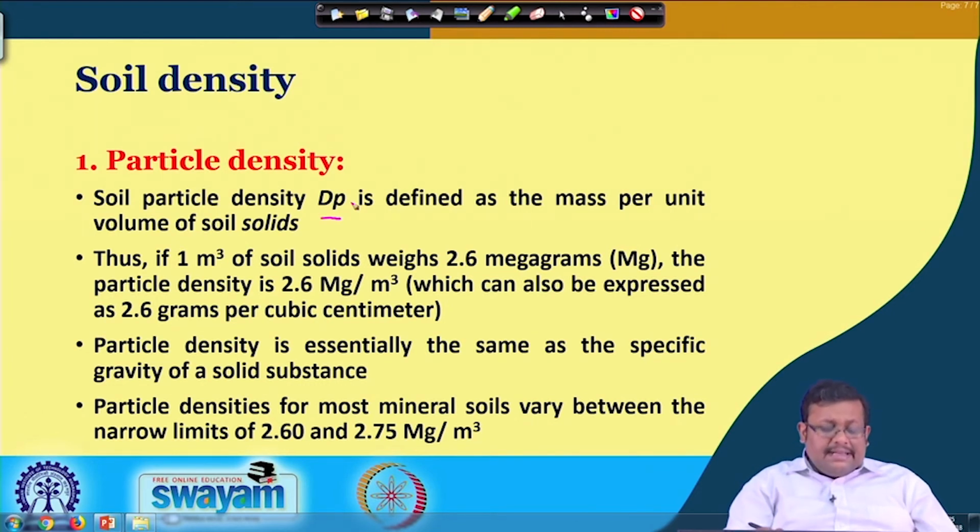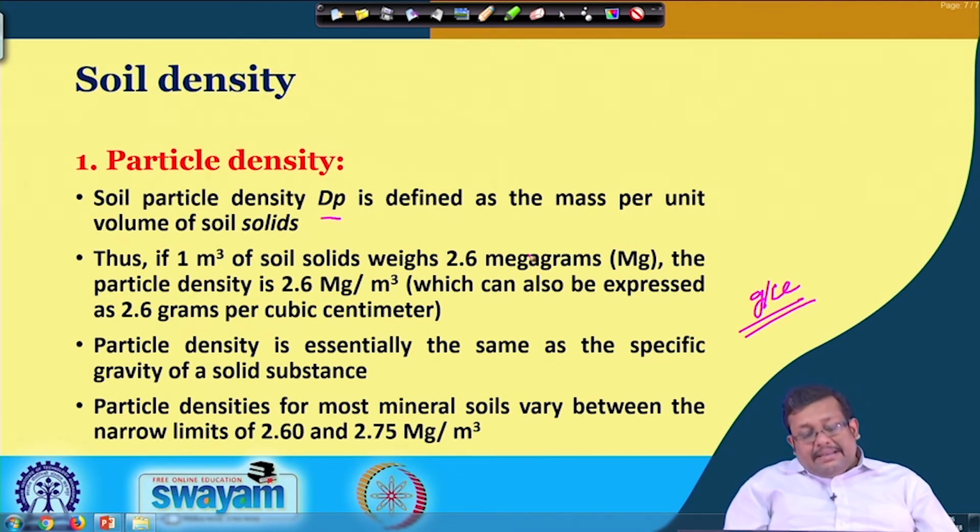Generally, we express this soil density in gram per cc. So, 2.6 megagrams or 2.6 tons per cubic meter is equivalent to 2.6 gram per cc.